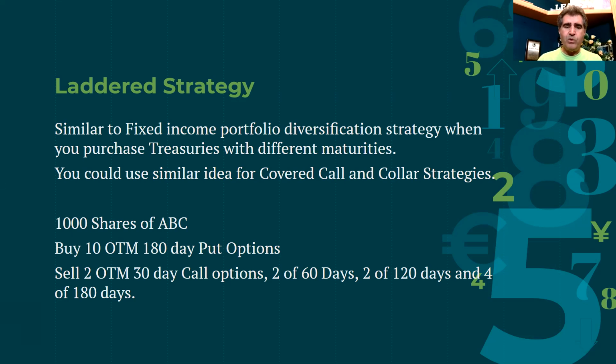And you say, you know what, because you have 1,000 shares, I'm going to buy 10 out of the money puts, depending on what amount of protection you want. Do you want to go down 10%? Do you think it goes down 15%? Where are you comfortable sleeping at night? So you choose that, but you want to buy 10 at 180 days. So basically what happens is you get a one shot and you buy that. So this way you don't have to worry about it.